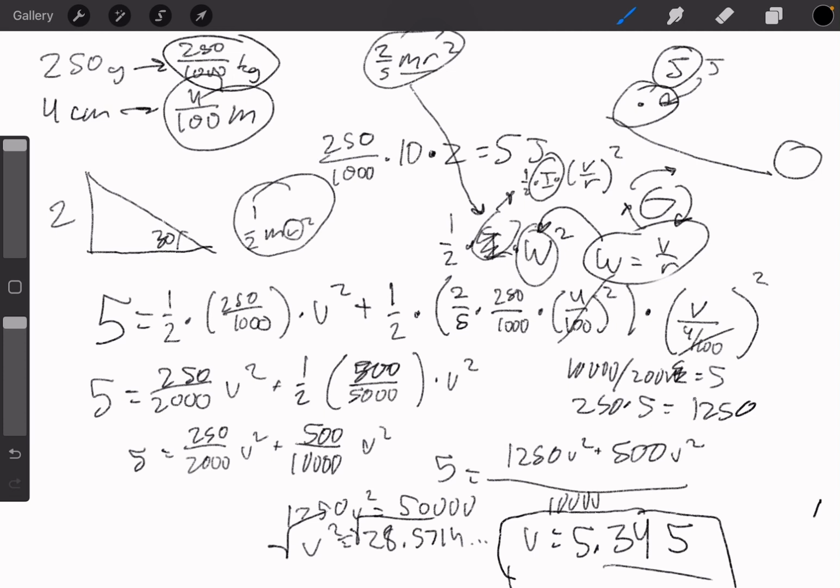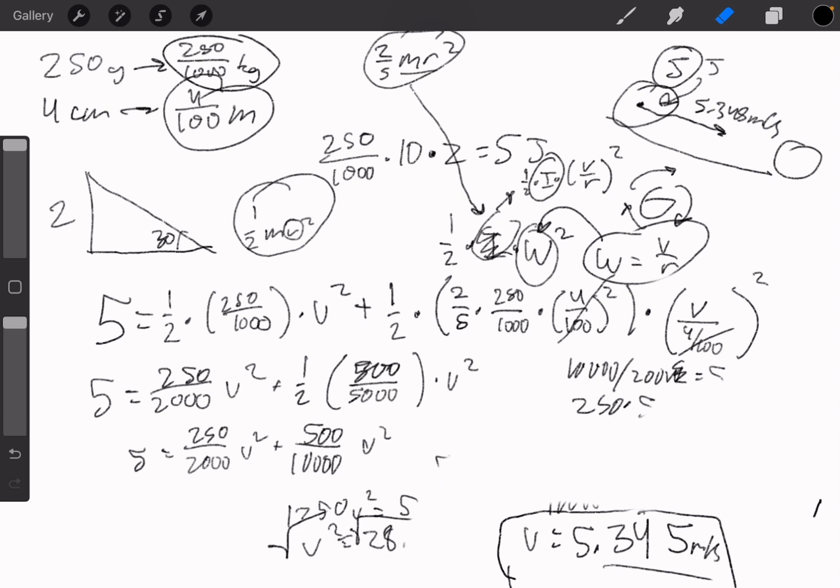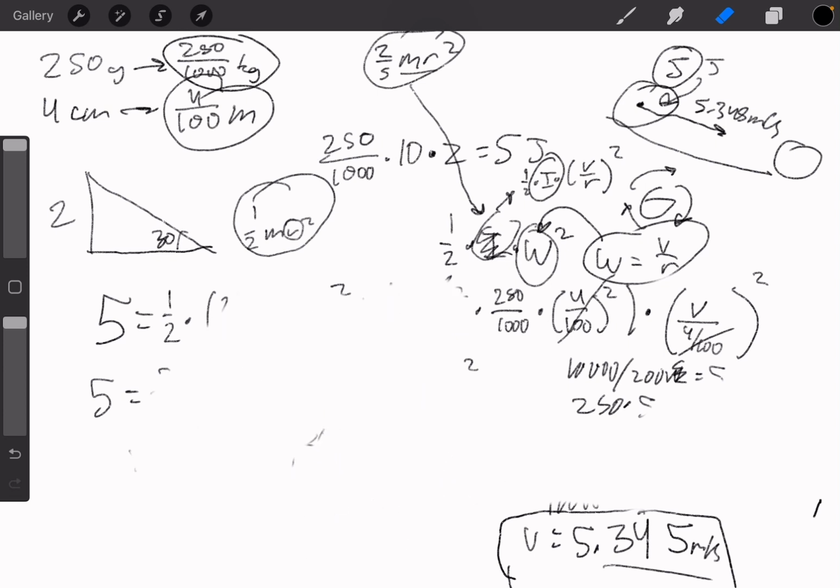That means whenever the ball, up in the top right by the way, moves, the center of mass is going to move at 5.345 meters per second. I should probably put units on that. So let's erase all of this work, but keep that and this other essential information.